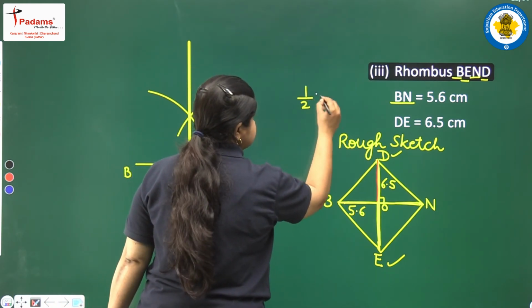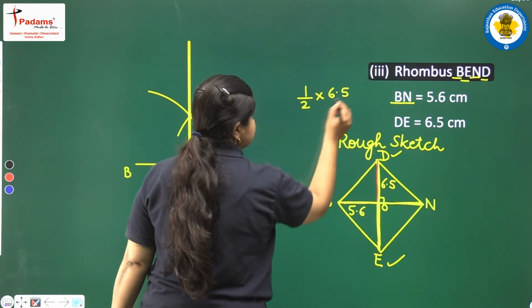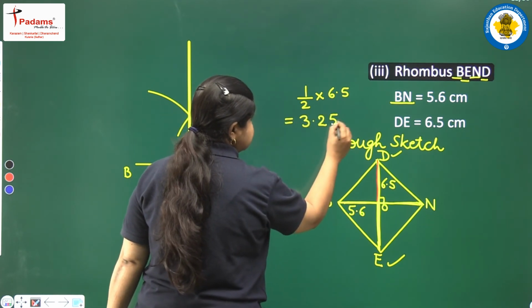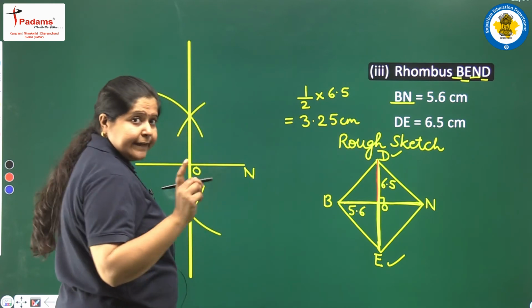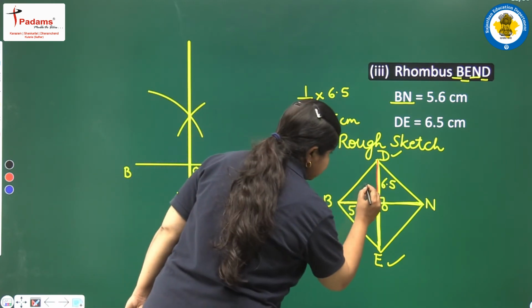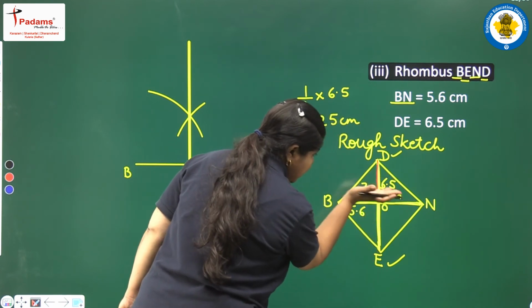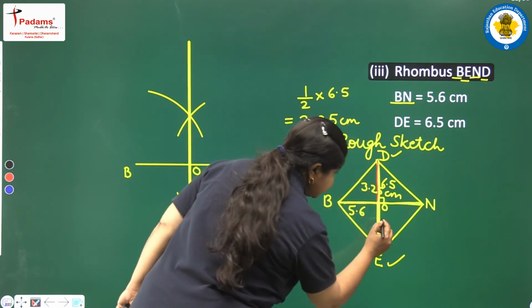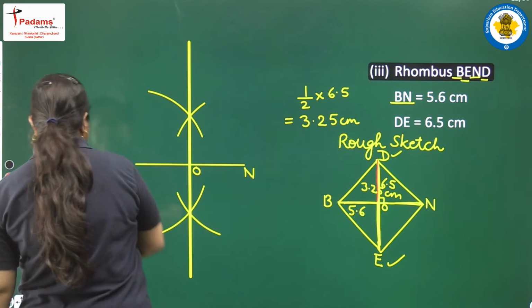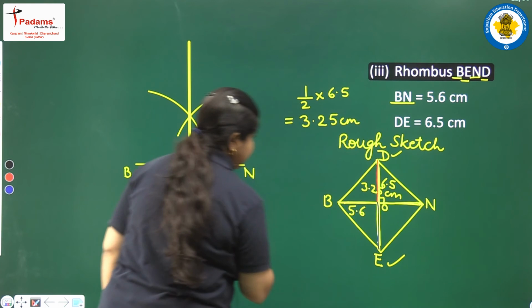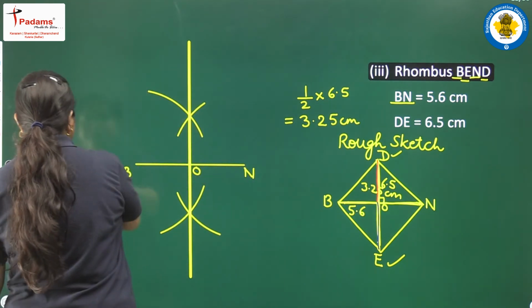If you divide it, you will get 3.25. You will get this length equal to 3.25 centimeters above BN. And similarly, this length below BN, this blue one, will also be equal to 3.25.